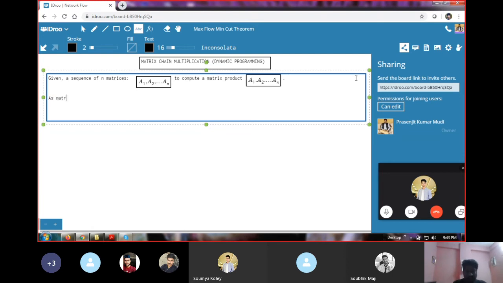As matrix multiplication holds associativity, all possible products are the same. Okay, that is what we want to say.